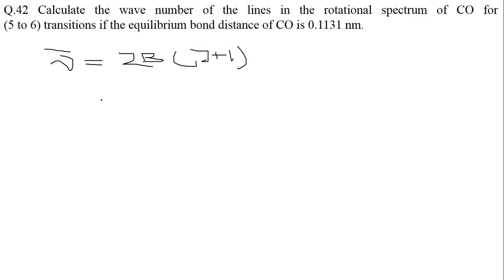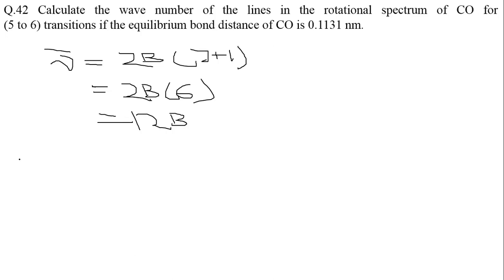So in this case, what will be the wave number? Wave number will be 2B, J plus 1 equals to 6, which will be 12B. But what is the value of B?